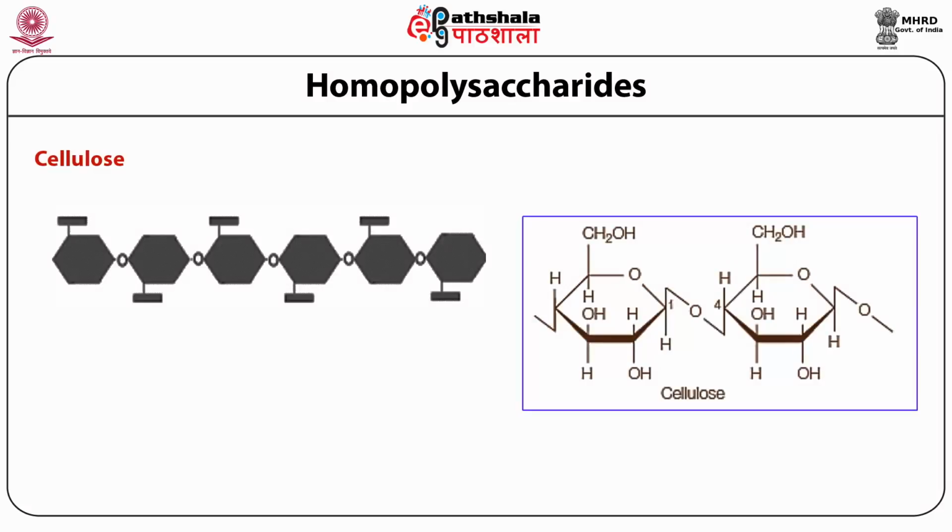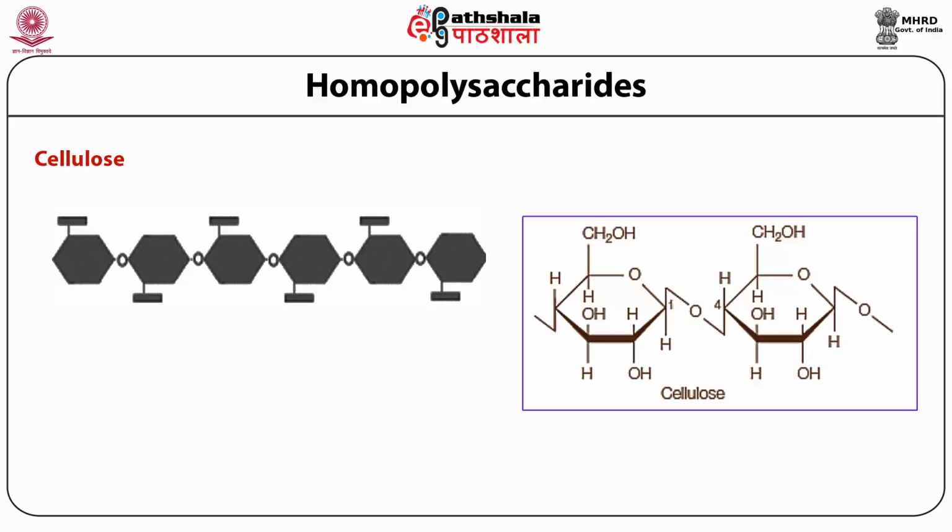Cellulose. Following is the chemical structure of cellulose. Cellulose is another polymer of the monosaccharide glucose. Cellobiose is the disaccharide obtained by the hydrolysis of cellulose, indicating that the linkage of glucose units in cellulose is beta, as they are in cellobiose.